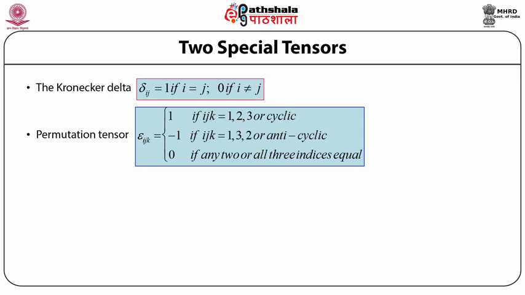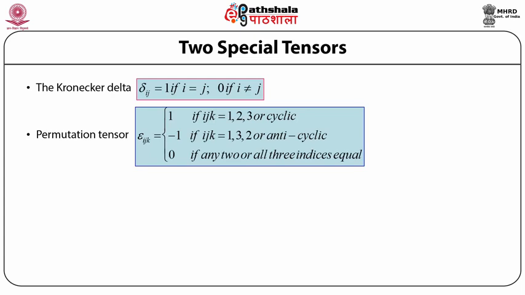That is, the indices i, j and k take the value 1, 3 and 2 respectively, or the value 2, 1 and 3 respectively, or the value 3, 2, 1 respectively. And the permutation tensor epsilon subscript i j k turns out to be equal to 0 if any two or all of the three indices i, j, k are equal.